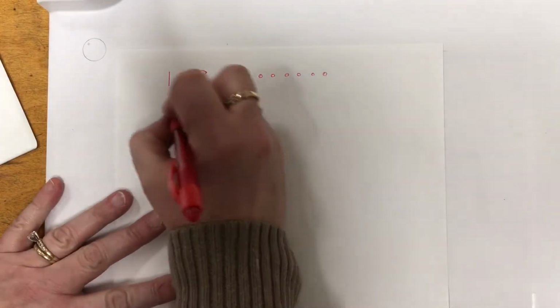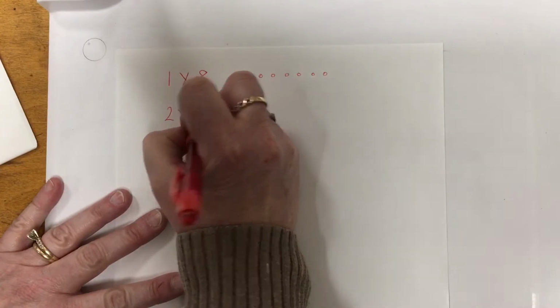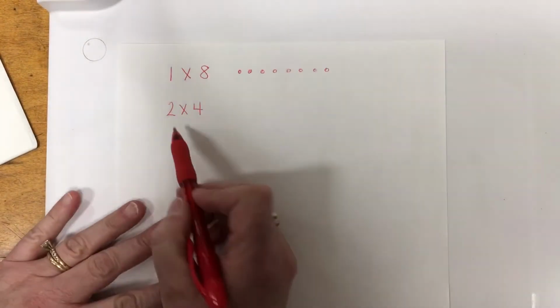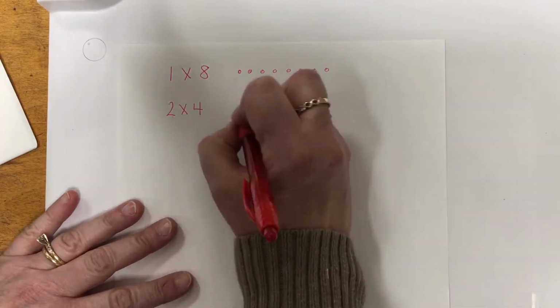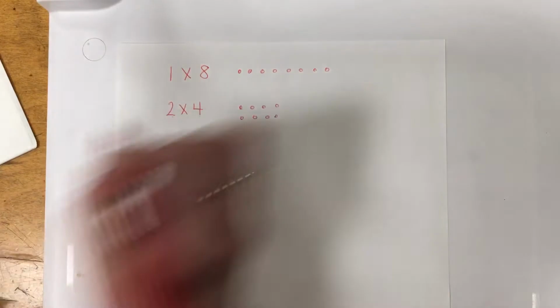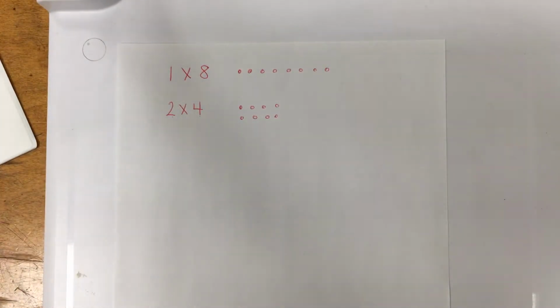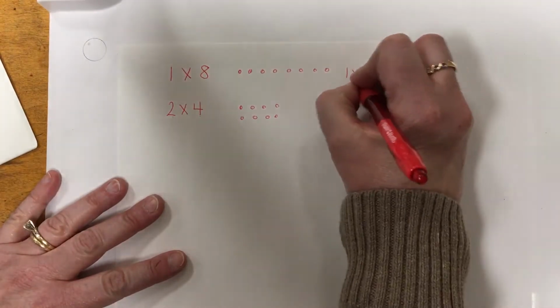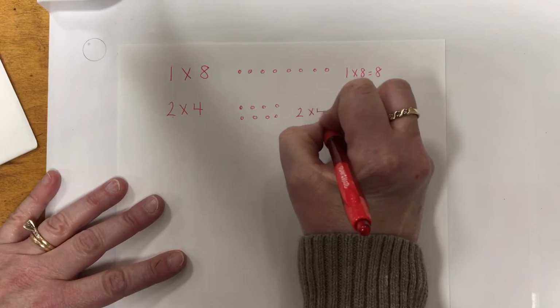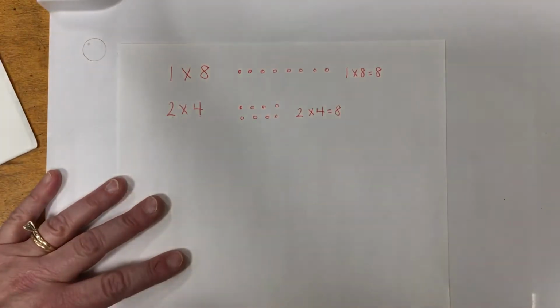I can also do 2 times 4: 2 rows, 4 dots in each. What do these represent? Well, 1 times 8 equals 8, and 2 times 4 equals 8.